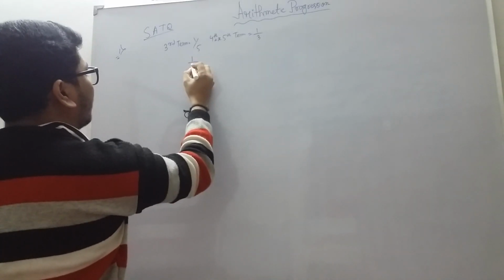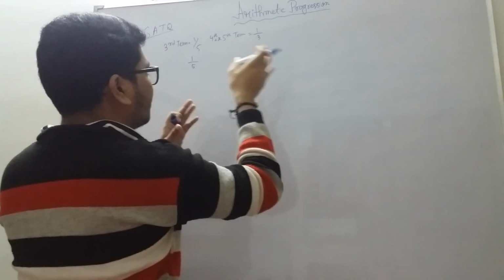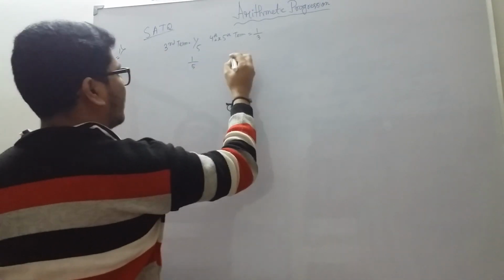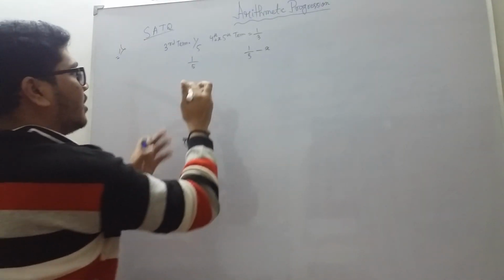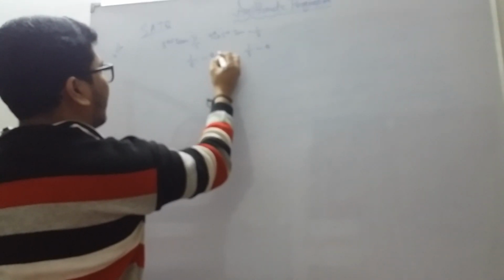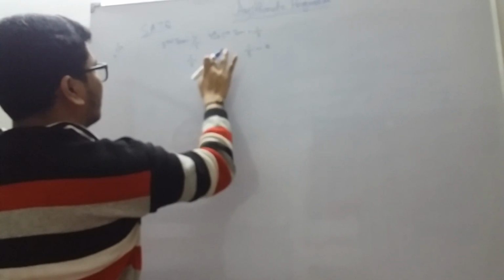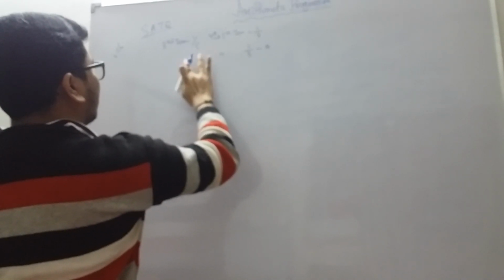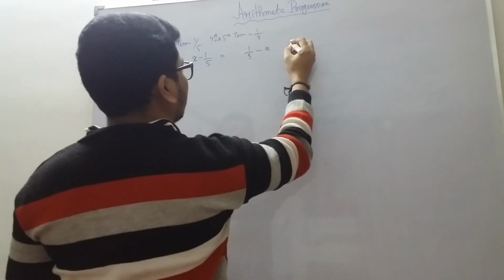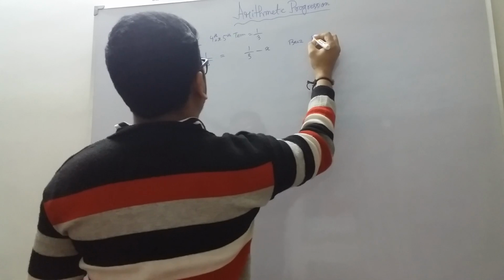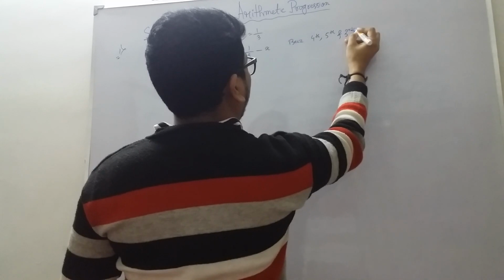Since the terms are in AP, the common difference between them will be the same. So fifth term minus fourth term, 1 by 3 minus x, equals x minus 1 by 5, because the third, fourth and fifth terms are in AP.